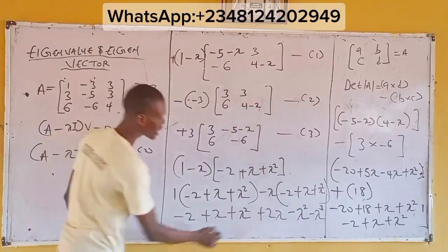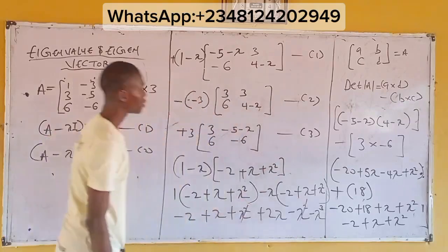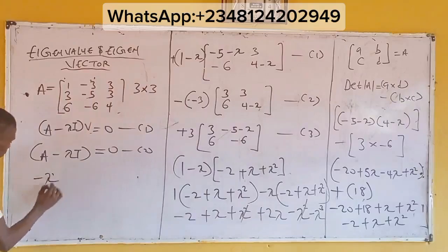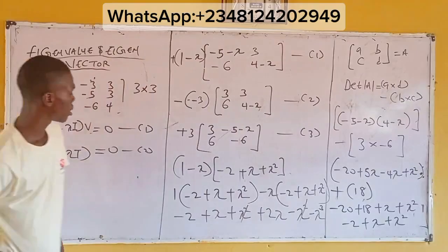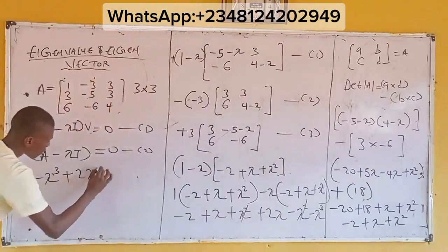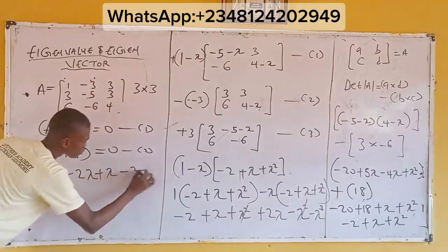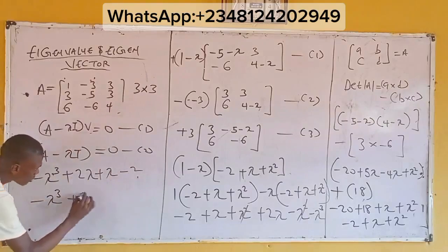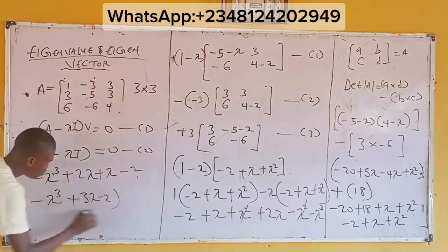Observe, lambda squared cancels lambda squared. You are left with what? Minus lambda cubed plus 2 lambda plus lambda minus 2. This becomes what? Negative lambda cubed plus 3 lambda minus 2.